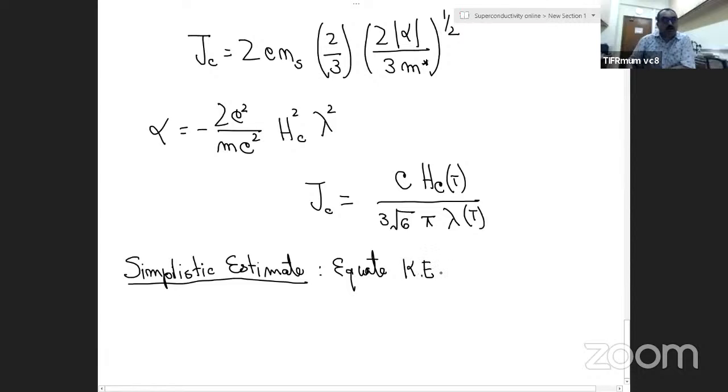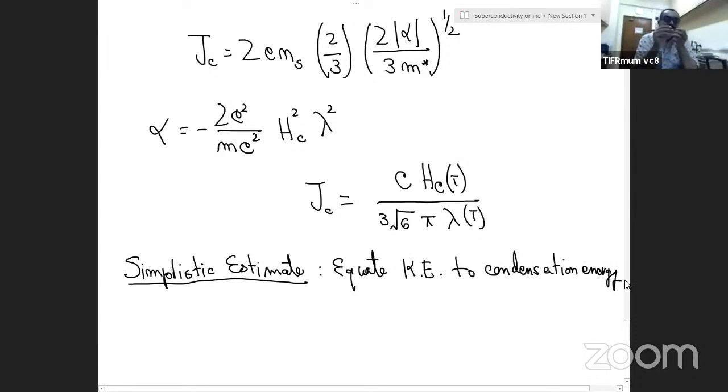Equate kinetic energy to condensation energy.